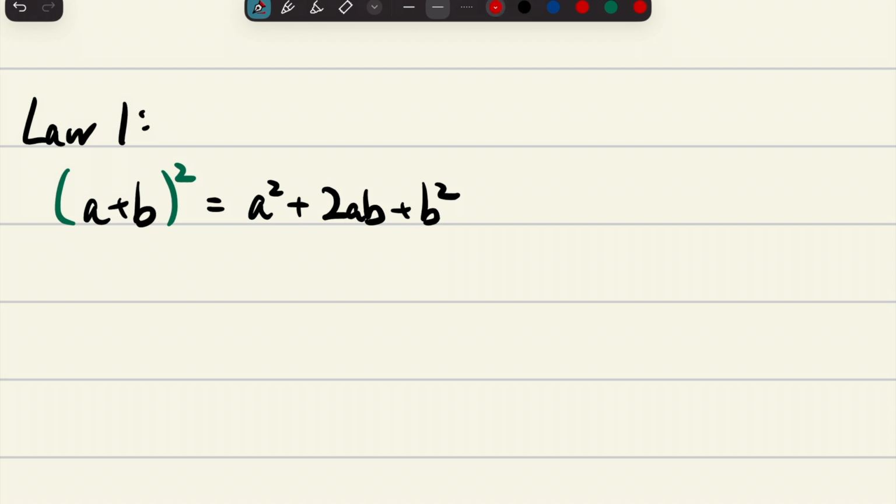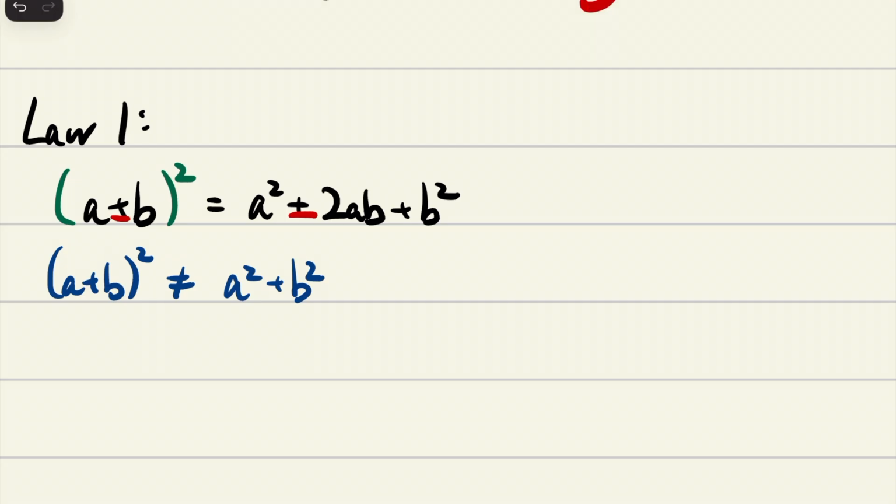And if you have a minus, then you'll have a minus here. And remember that a plus b squared doesn't equal a squared plus b squared. Remember, there's a plus sign here, so you can't just distribute this power 2 to a and b.